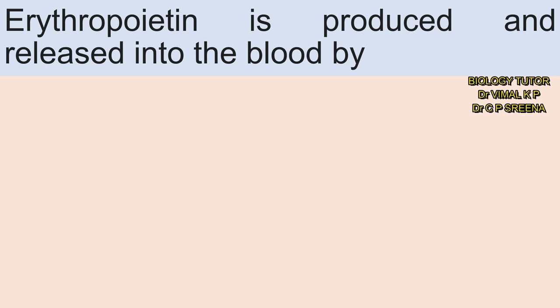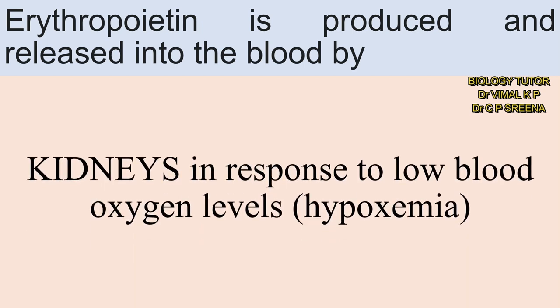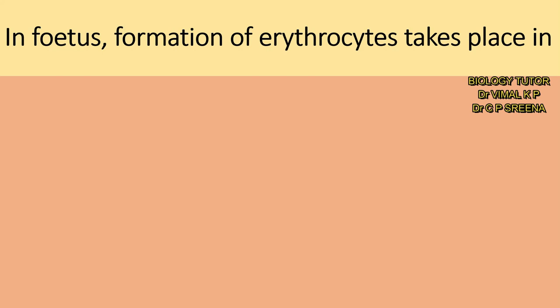Next question. Erythropoietin is produced and released into the blood by kidneys, in response to low blood oxygen levels or hypoxemia. Next question.